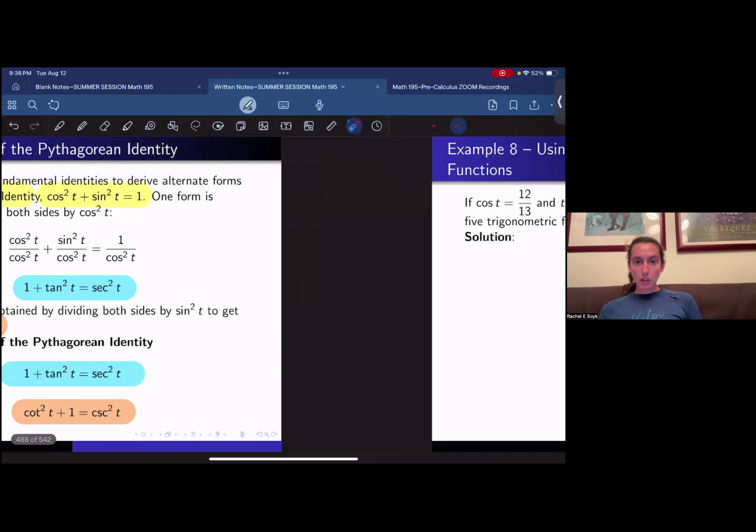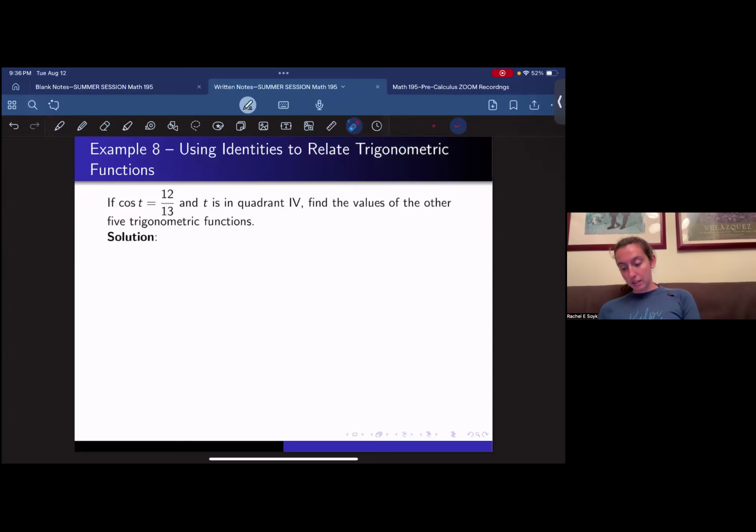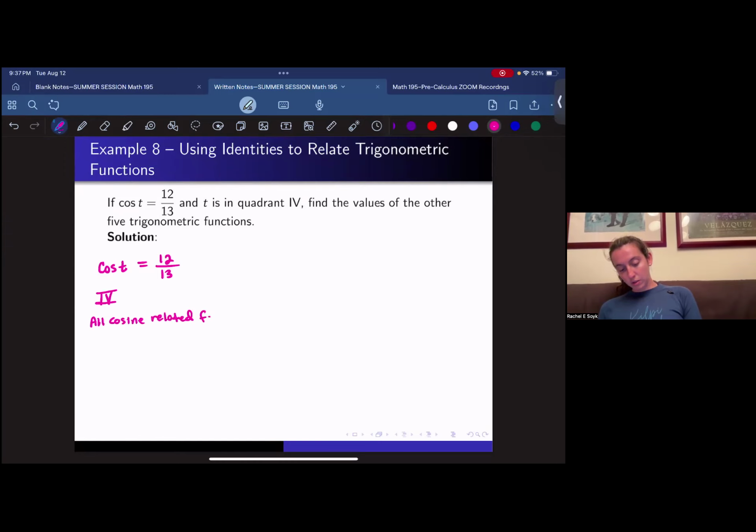So now let's tackle example 8 together. We're given cosine of t is 12 over 13, and it's in our 4th quadrant. So all cosine related functions are positive.